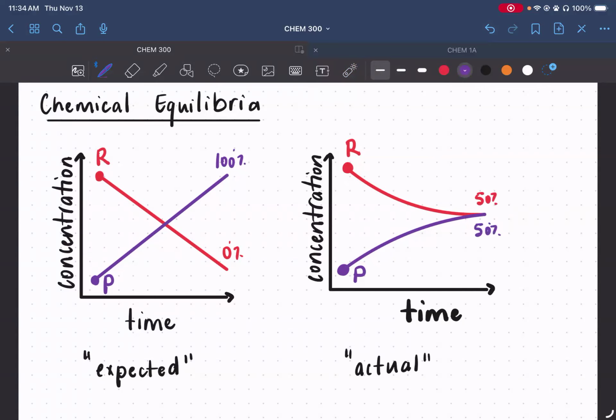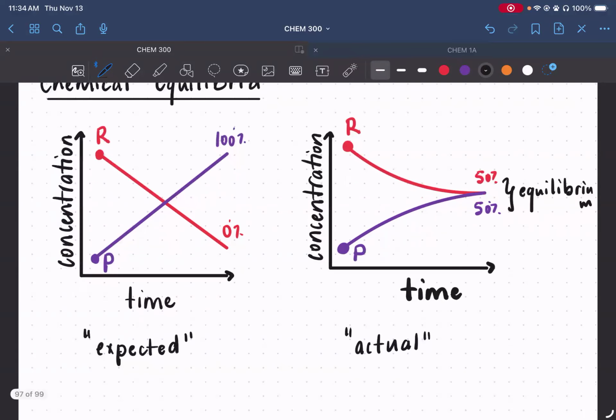In other words, it's quite often rare to have a situation where you end up with that nice, clear 100% product, 0% reactant. This phenomenon, where they end up meeting, is what's known as equilibrium. Equilibrium is a term given to describe this phenomenon where the concentrations of reactants and products do eventually meet.